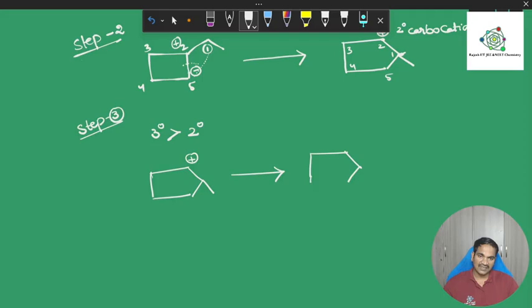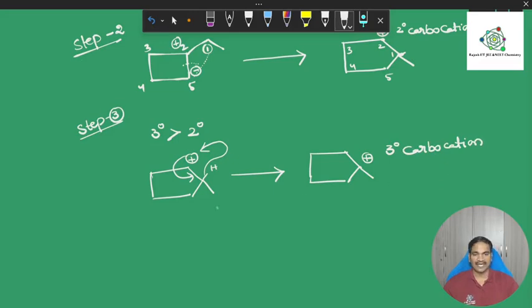Why? This hydrogen is moving here and this positive charge is coming here. Therefore, it became a third degree carbocation.